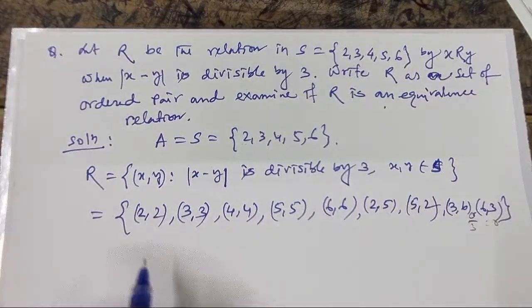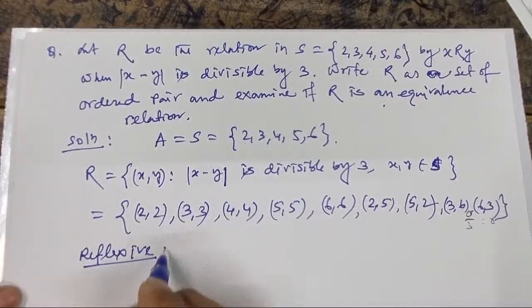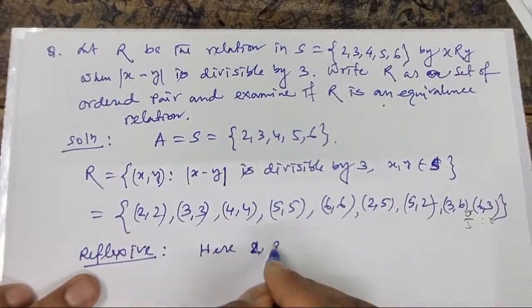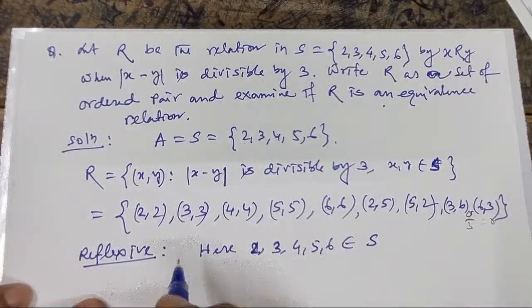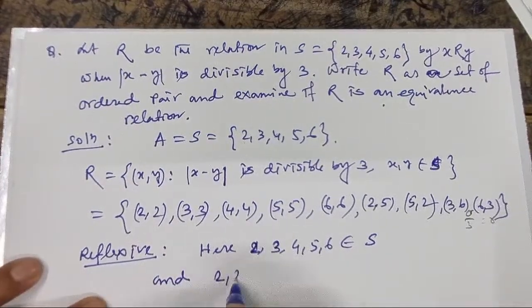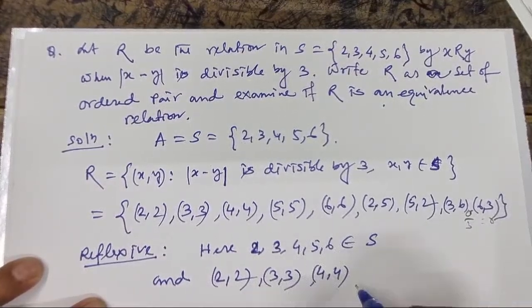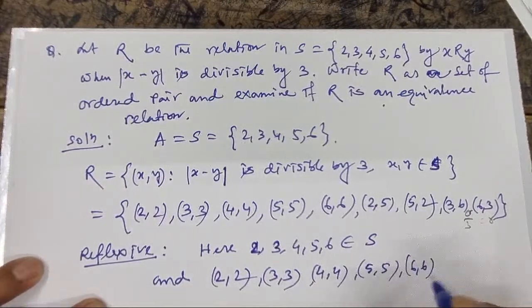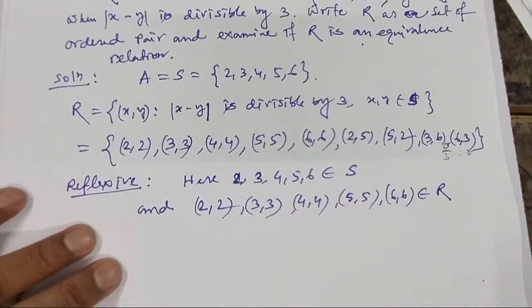Now check. First we have to check whether it's reflexive or not. In the reflexive case, 2, 3, 4, 5, 6 all belong to S, and we are writing all the pairs (2,2), (3,3), (4,4), (5,5), (6,6), because it is a small set, only 5 numbers. Do they belong to R?